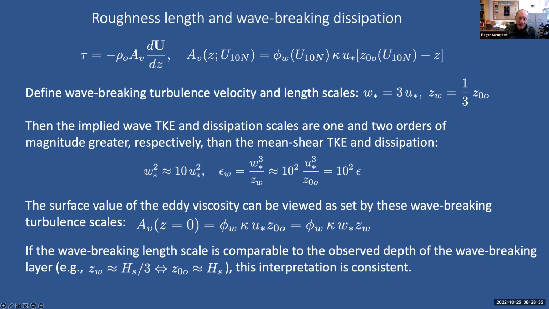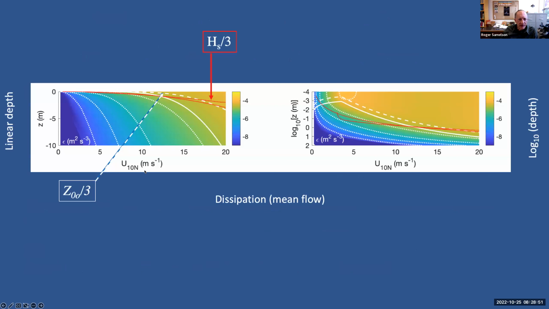So the test here is, does the wave breaking length scale that you get out of this, the ZW, is it comparable to the observed depth of the wave breaking layer? And for that, the roughness length has to end up being sort of close to the significant wave height. And so here I'm coming back to that bottom panel that I showed you before.